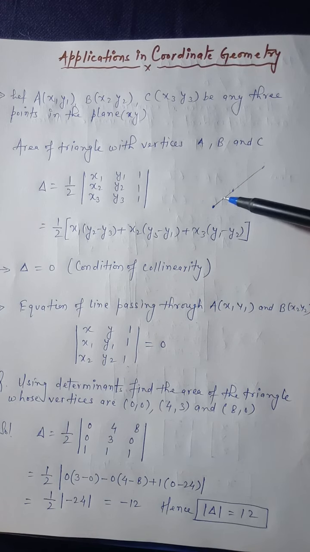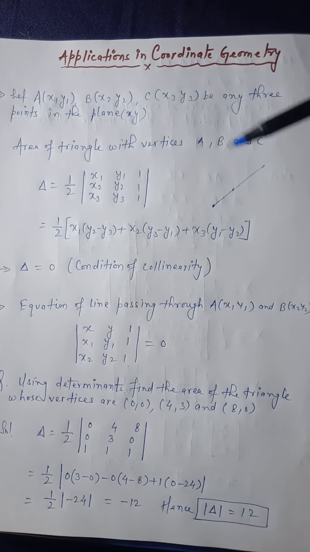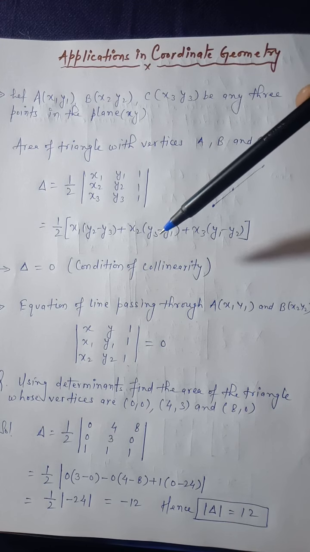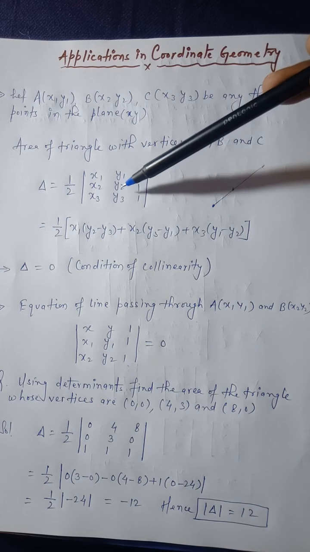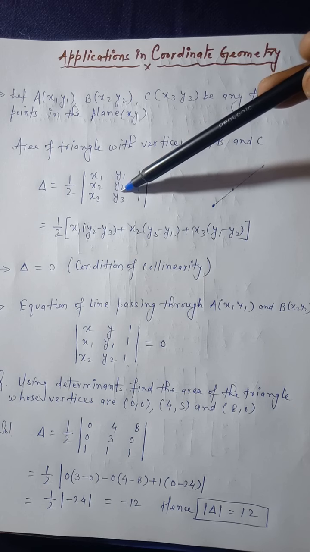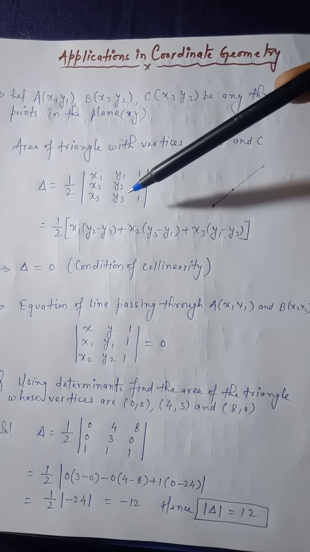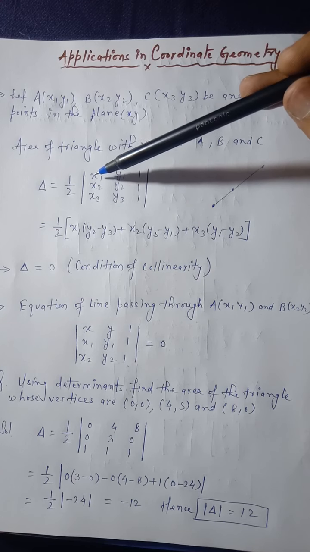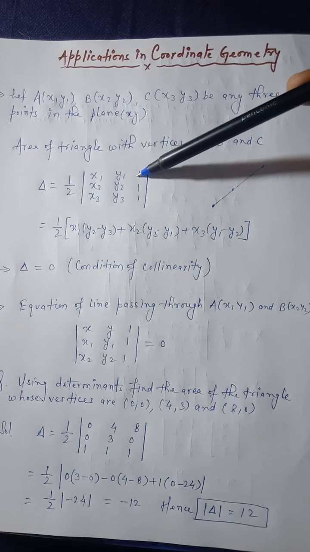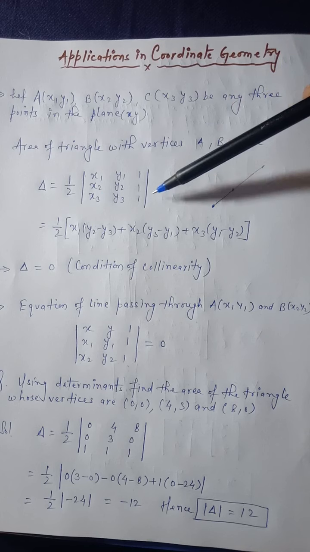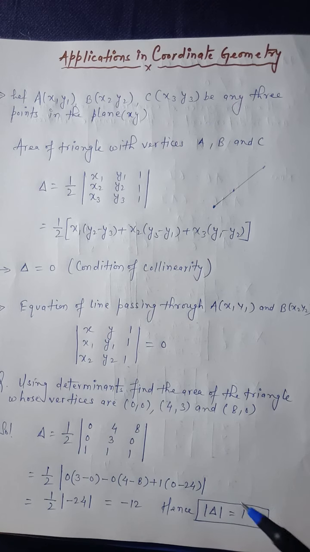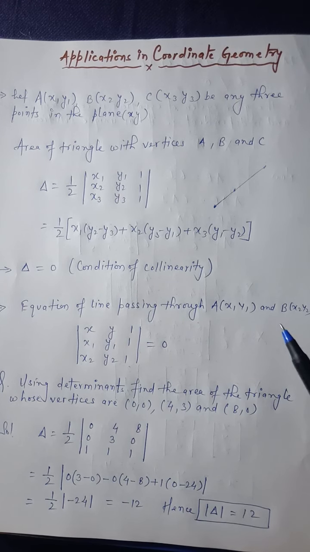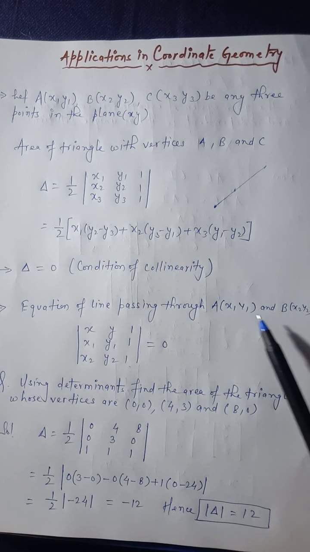So when these points are collinear, there will be no triangle because all the points are lying on a straight line, so therefore the area of triangle will become 0. So this delta will become 0. Now we can say that when the 3 points are collinear, this determinant x1, x2, x3; y1, y2, y3; 1, 1, 1 will become 0.